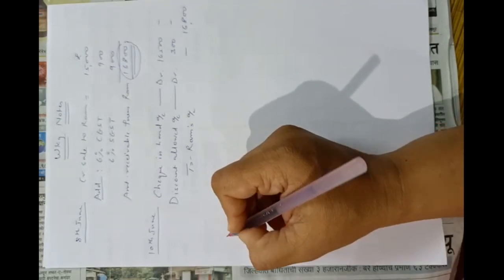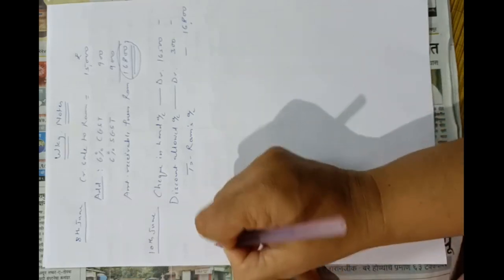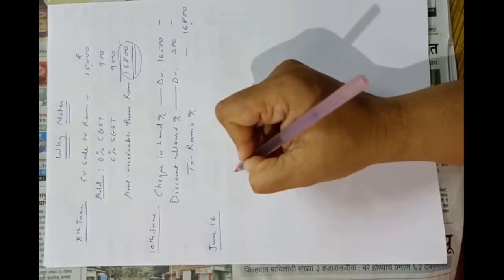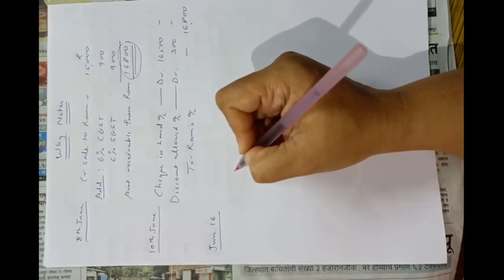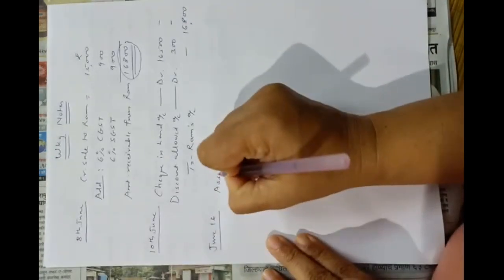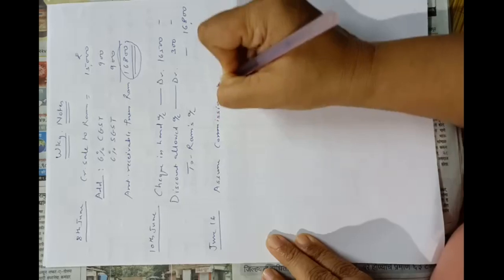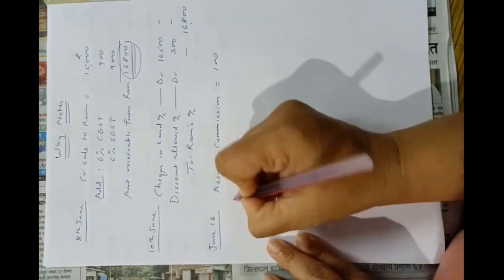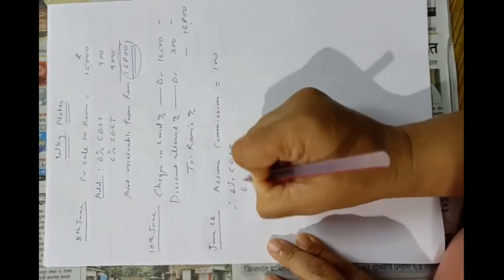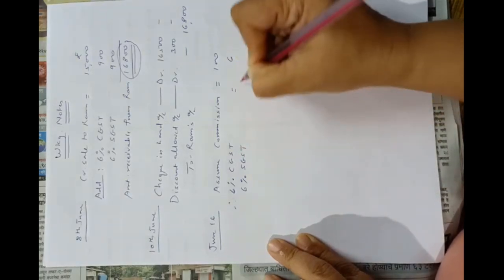So let's see how much commission and how much CGST and SGST is payable. On the date 16th June, we will calculate the CGST and SGST in this commission. Assume commission is equal to 100, so 6% CGST and 6% SGST will be rupees 6 each.